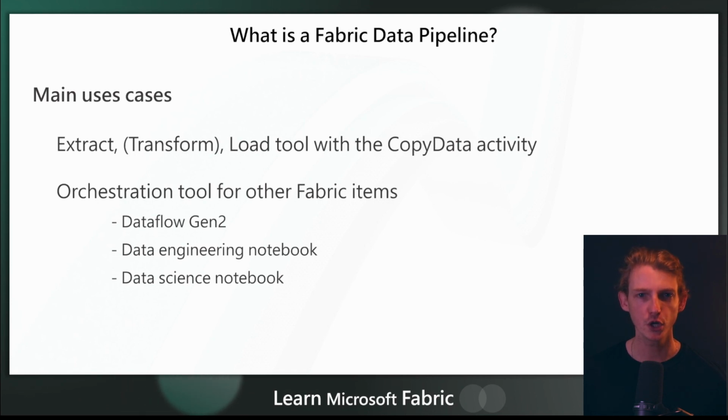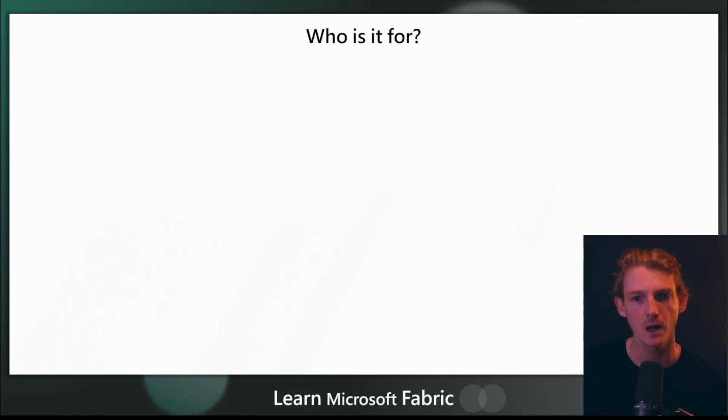So what we can do is embed either dataflows or data engineering notebooks or data science notebooks, and these can do our transformations for us. We're using the data pipeline just for the scheduling and the orchestration type capabilities. So that's basically what we're going to be doing with a data pipeline.